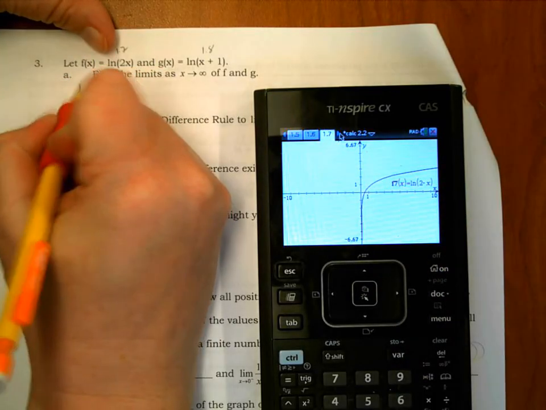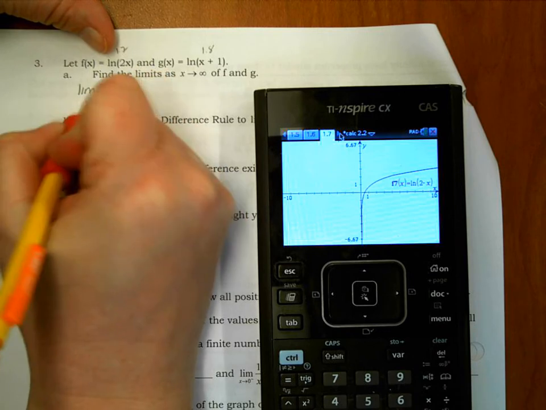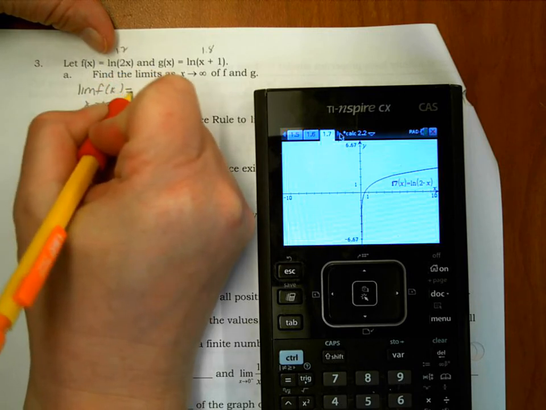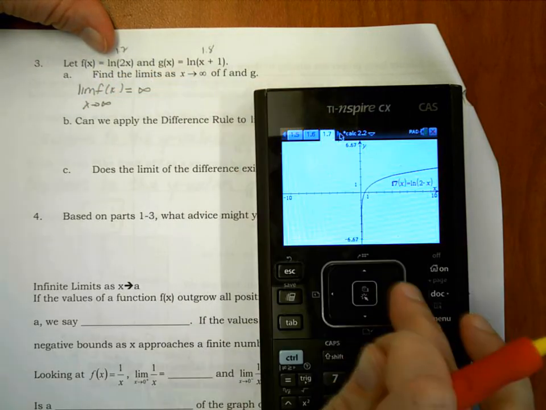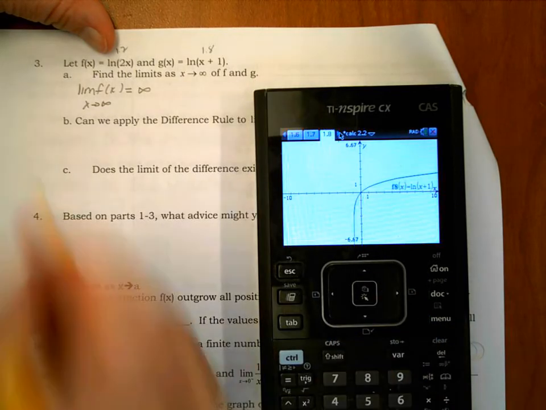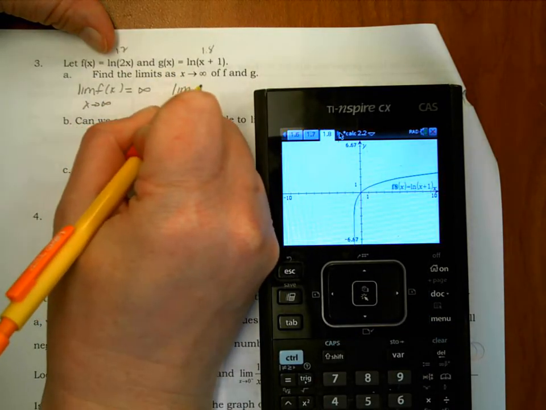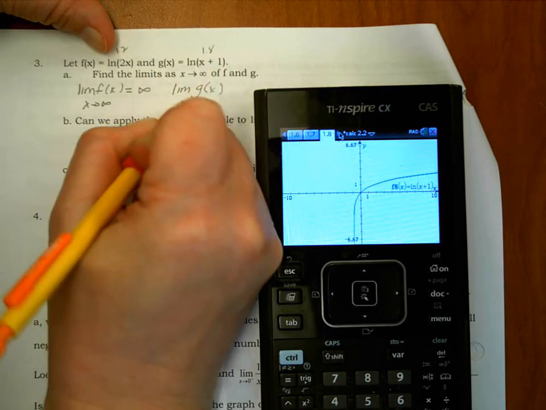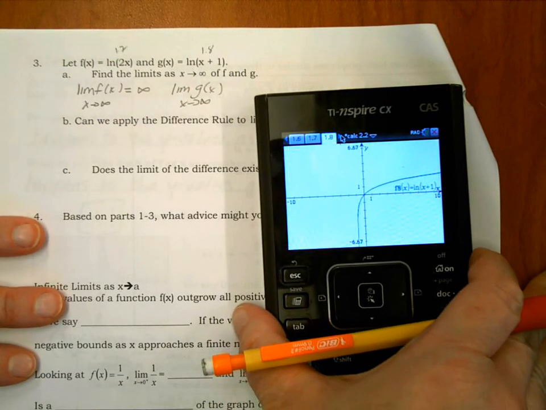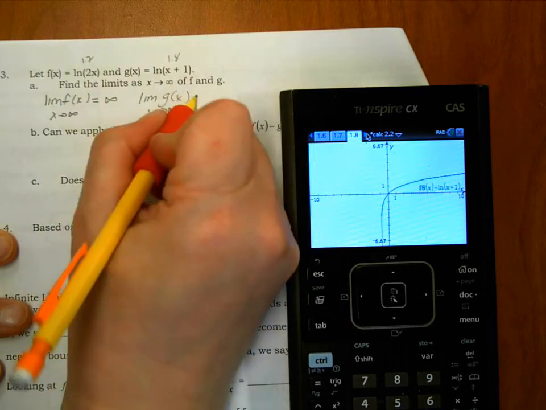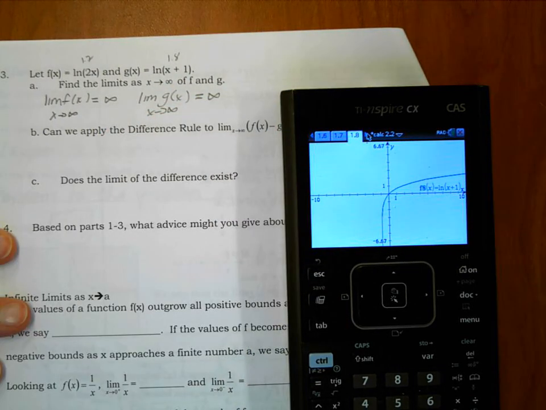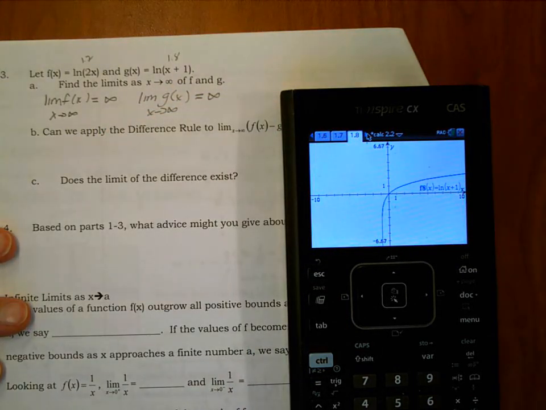So in this case, the limit of f of x as x approaches infinity is infinity. And if we were to look at the next one, the g of x, as x approaches infinity, it's another logarithmic graph. And again, it's increasing but really slowly. So we would say that's also infinity.